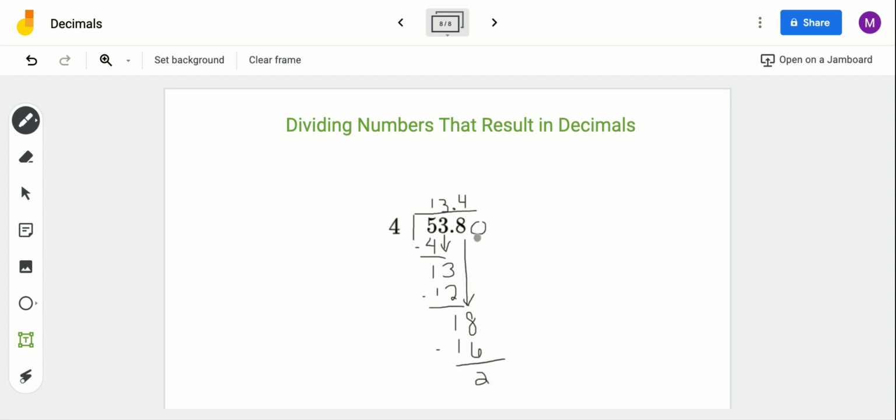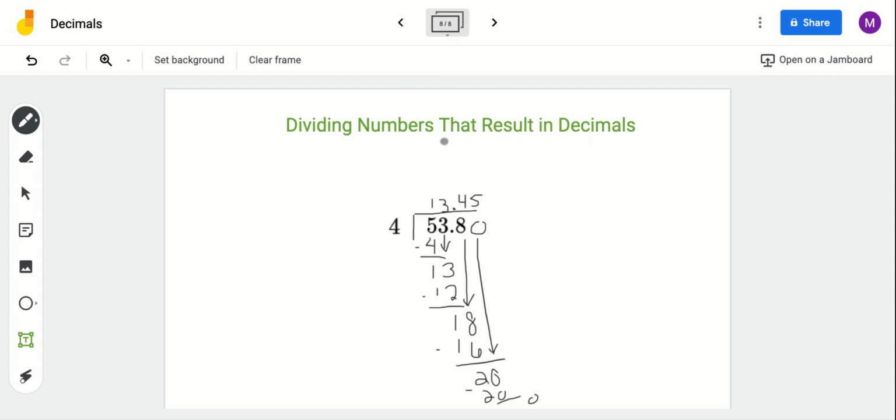I bring down a 0 for the hundredths place. So I'm 20 divided by 4. 20 divided by 4 is 5. 5 times 4 is 20. No remainder. So 13 and 45 100ths, no remainder.